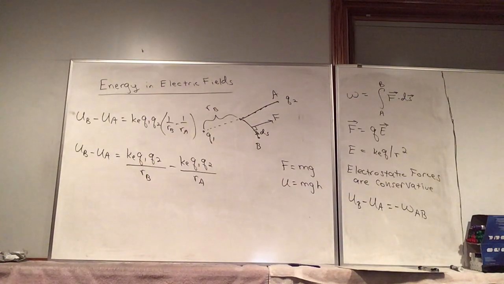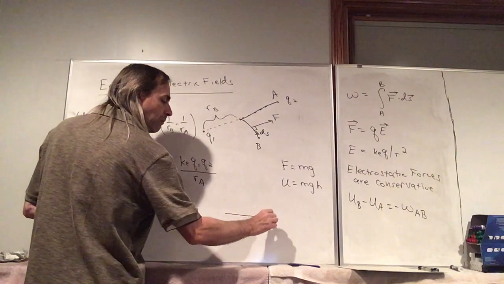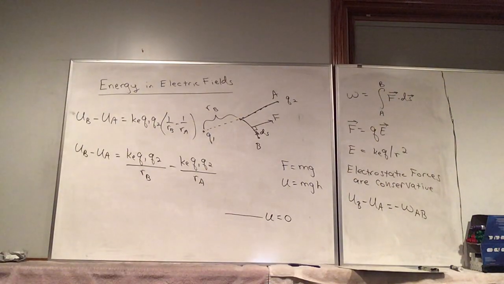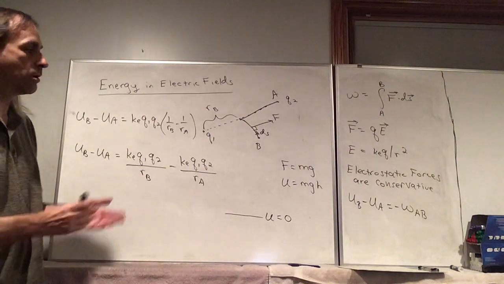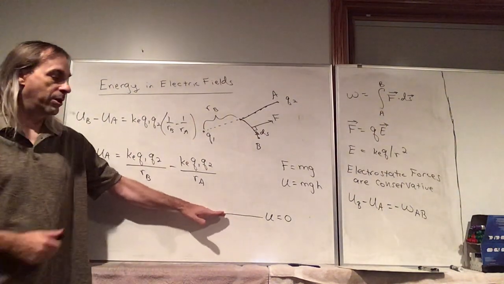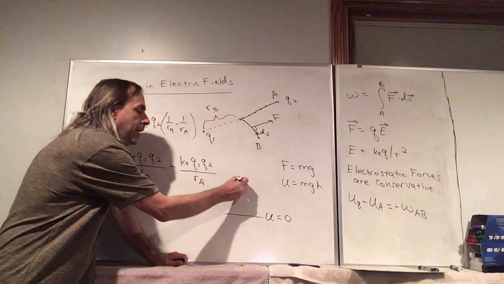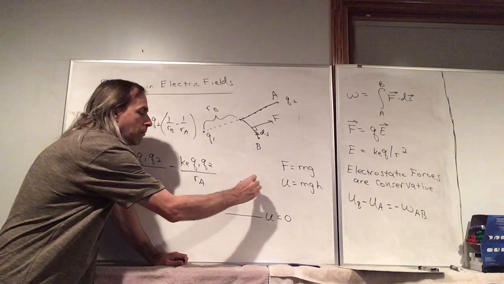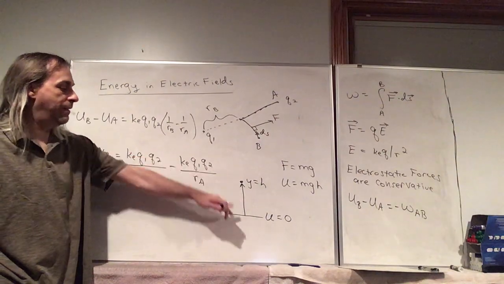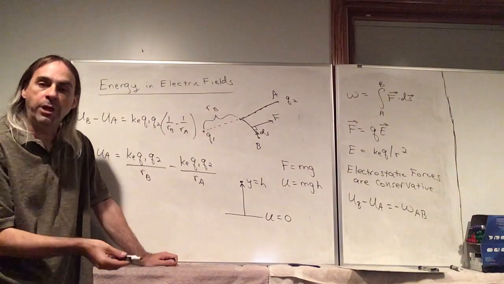Now, how do we do this with gravity? We define a ground as a convenient reference level and just say the ground is potential energy 0. And then h is just your height above, or actually below ground would work as well. And so if h is 0, you get a potential energy of 0. So again, you could consider an object at a height h and consider this path, say this is A to B, and then UB minus UA is equal to mgh.